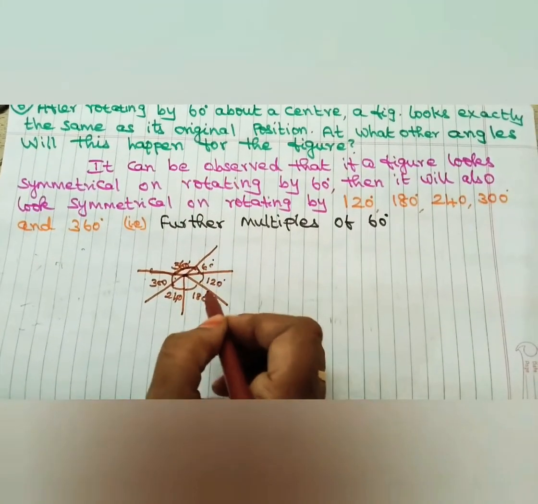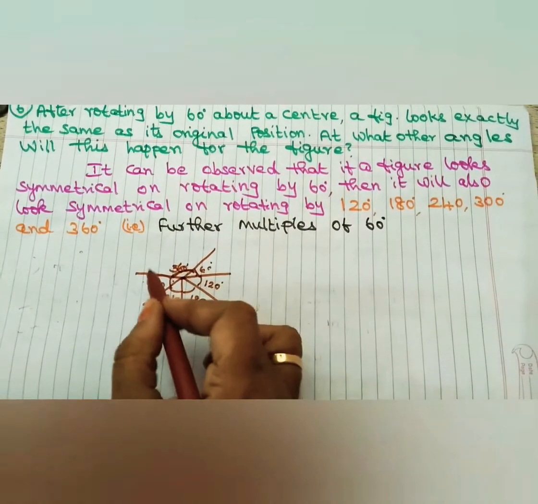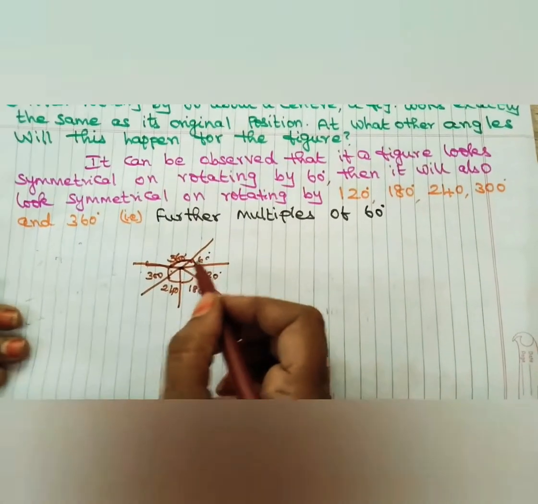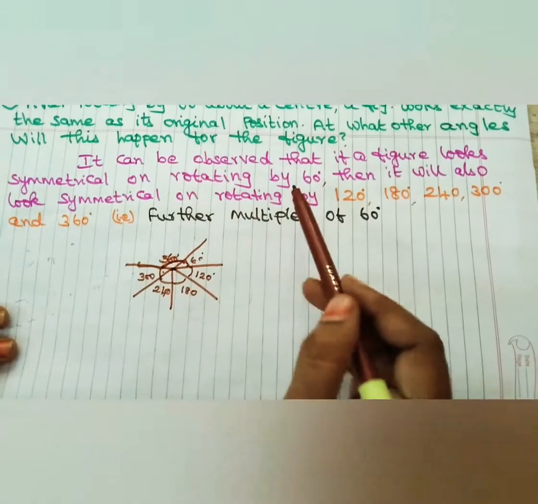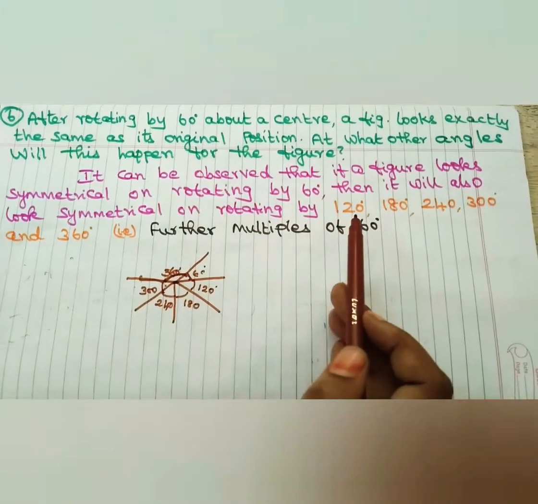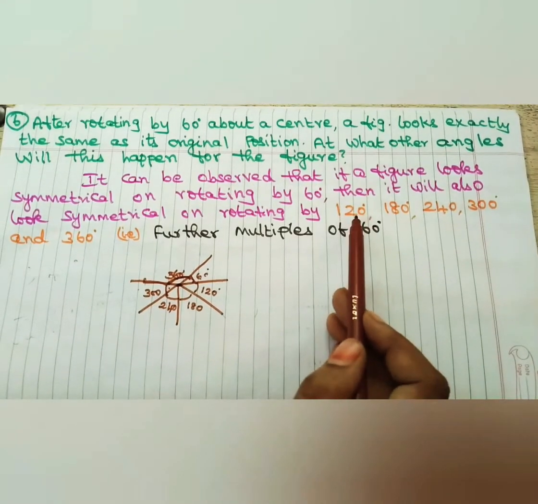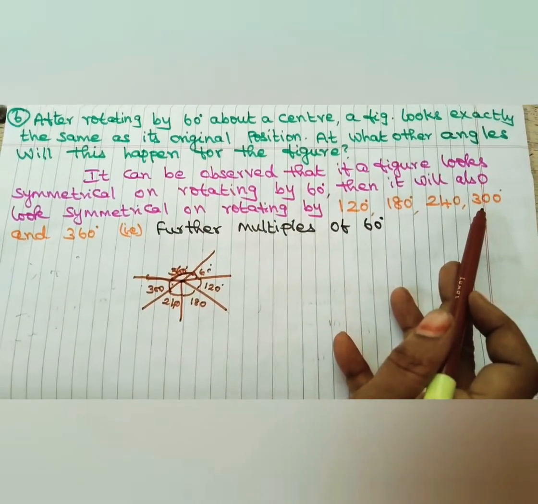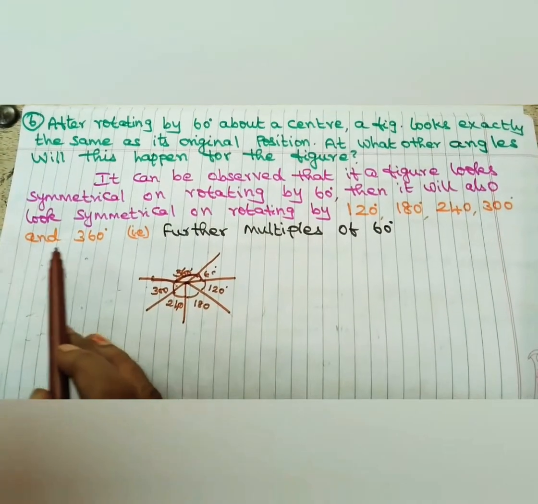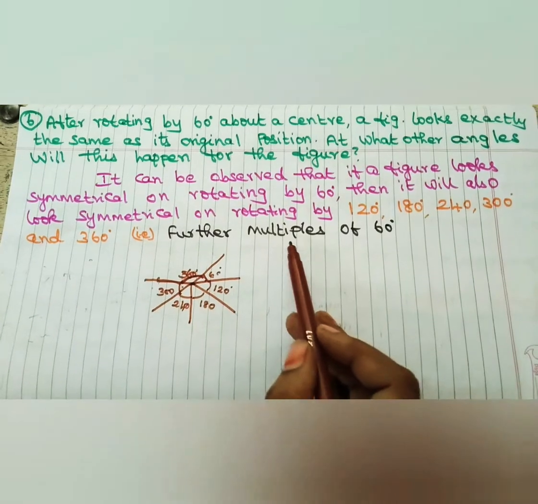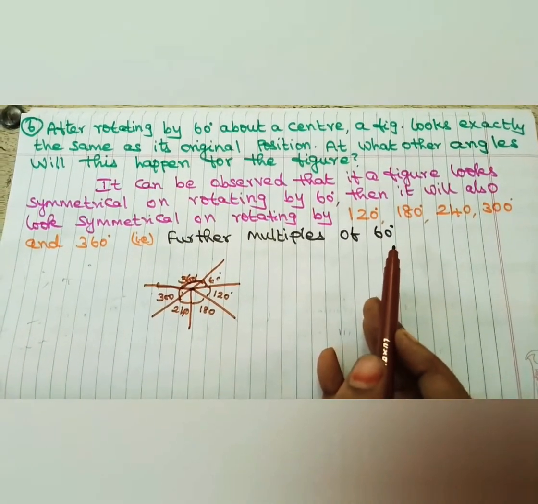So for every 60 degrees, the figure will look the same as the original figure. The other angles are 120, 180, 240, 300 and 360 degrees. In other simple words, they are the multiples of 60 degrees.